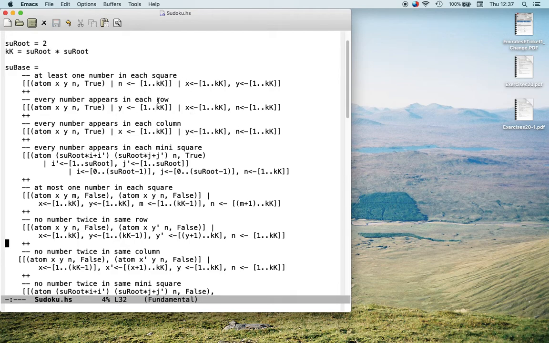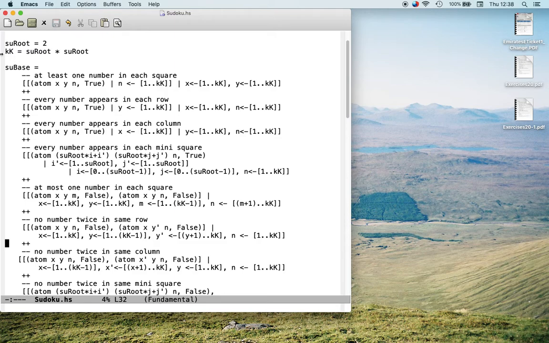I've got them in a slightly different order, so that's at least one number. Well, that's exactly what it says here. And then we've got the various conjunctions of clauses expressing at most one number in each square and so on. So that's coding up that information in such a way that it depends on the size of the Sudoku problem.